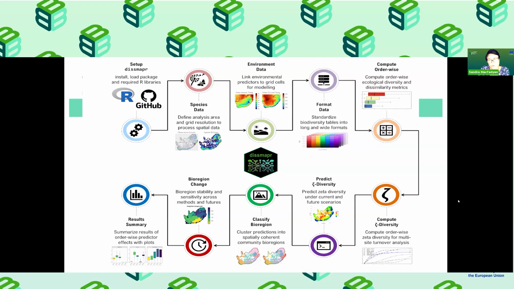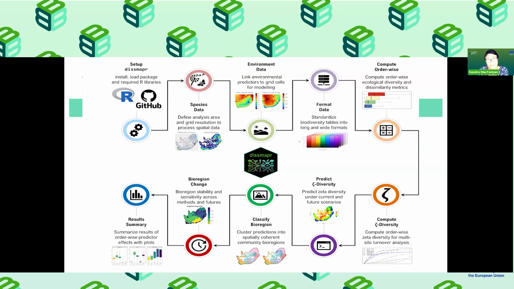We're going to run through computing this zeta diversity and combining it with this multi-site model so that we can pull out what the drivers of diversity change or turnover are at different levels. We've then got other functions in there that can help predict that. So once you've built that model, you can take that and predict it onto a map.